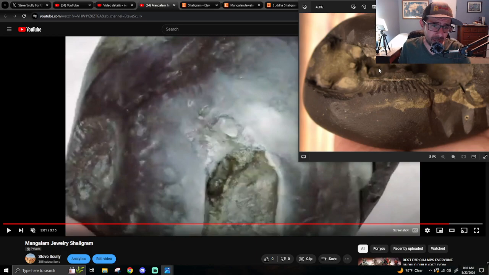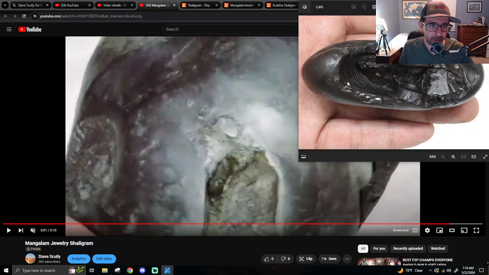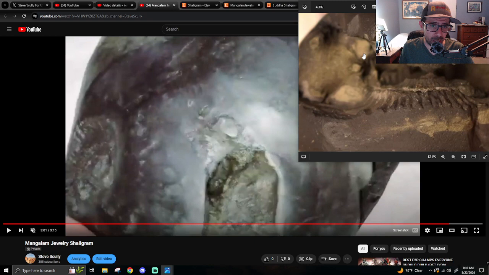But these dendrite type things, like this. Especially here, it looks kind of like it's going off this way.